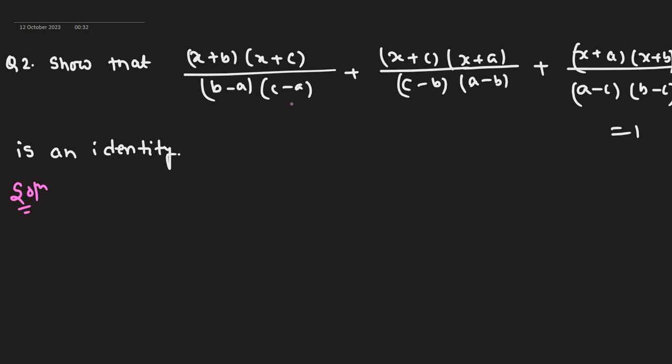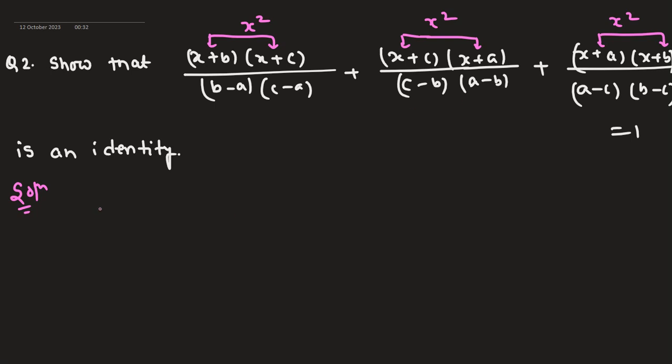First of all, you notice that here the maximum power of x will be x square. The term which comes with the maximum power of x is 2 only, that means x square is present. So we can say that this is an expression where the maximum power of x is 2.